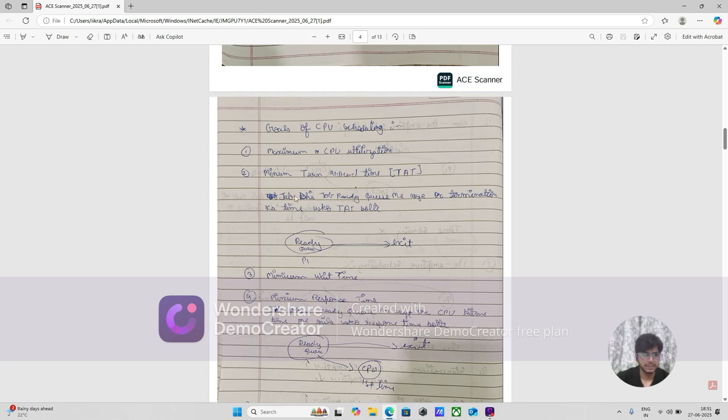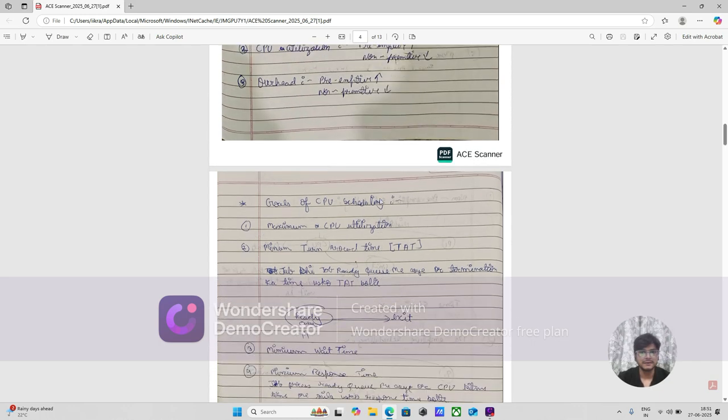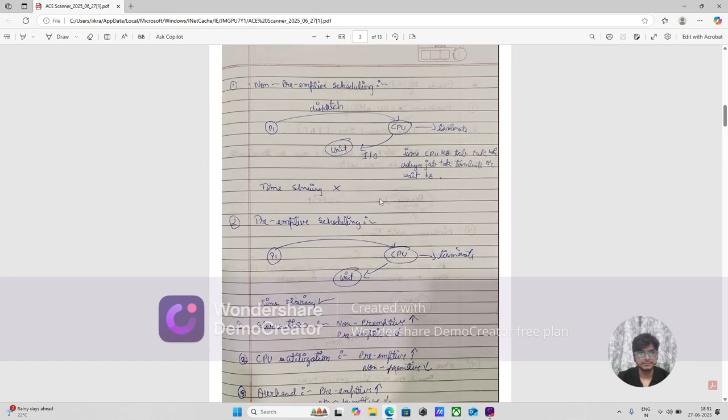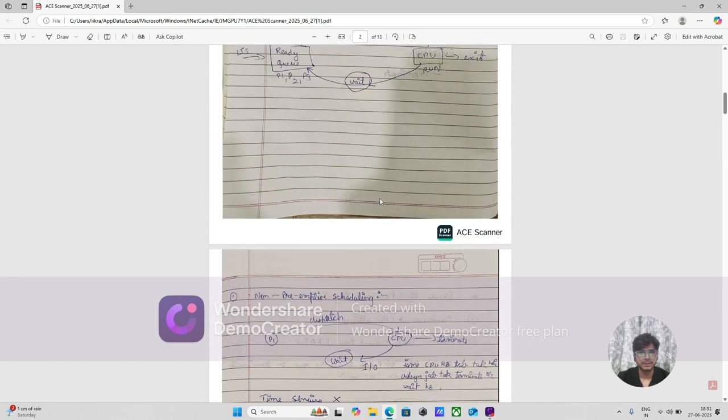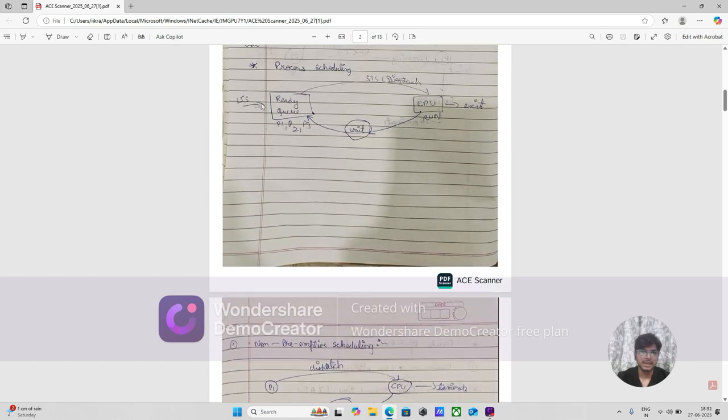What does turnaround time mean? Whenever a job comes into the ready queue, until its termination time, that is called turnaround time. If a process has come into the ready queue, and after that it goes through scheduling and waiting and all, and then exits, this whole time it takes is called turnaround time.